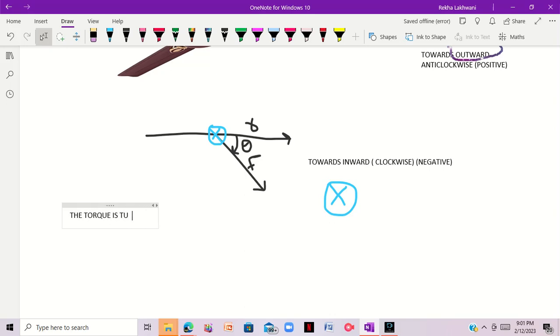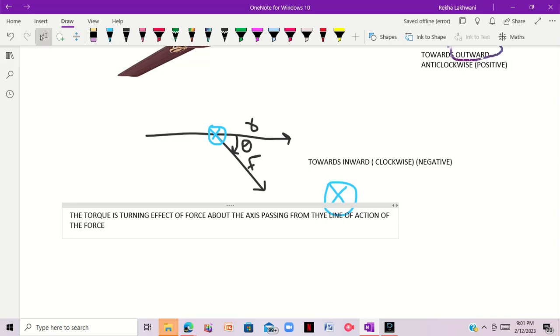the torque is the turning effect of force about the axis passing from the line of action of the force.